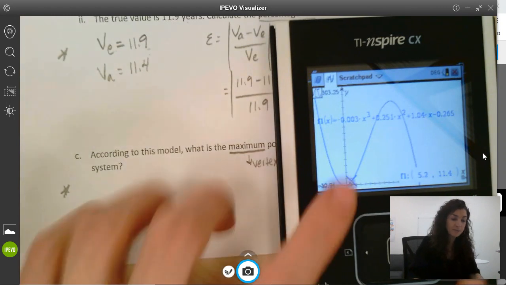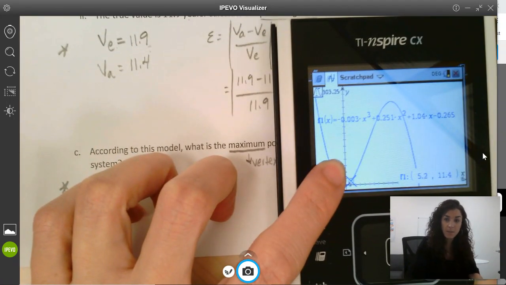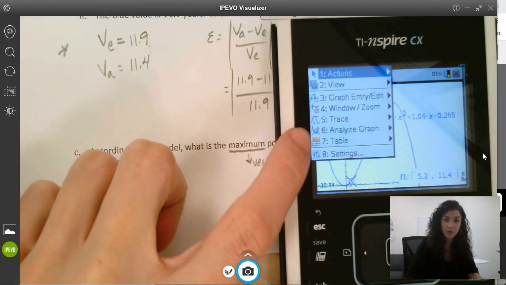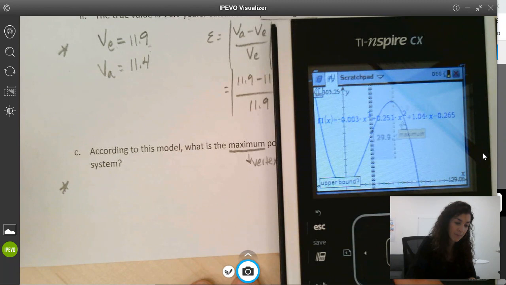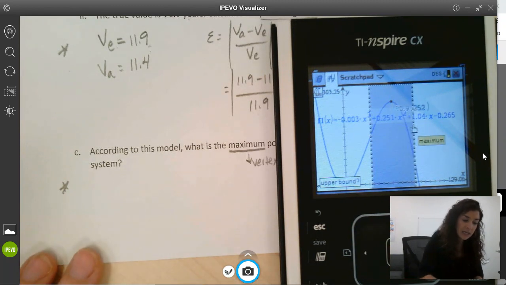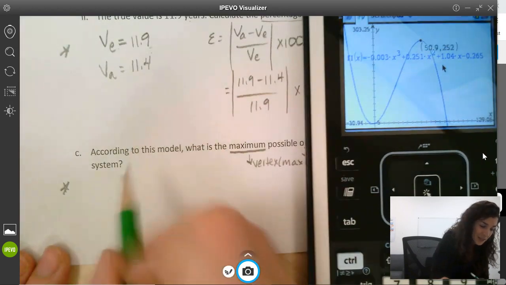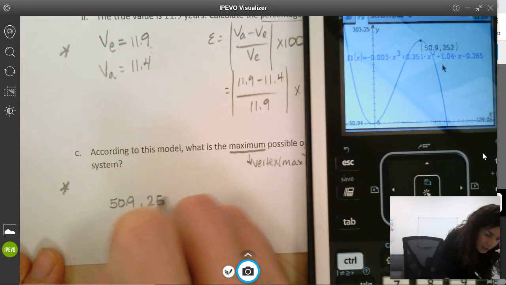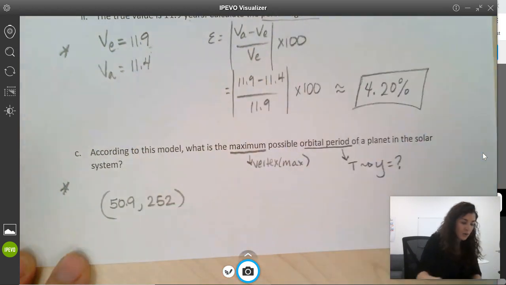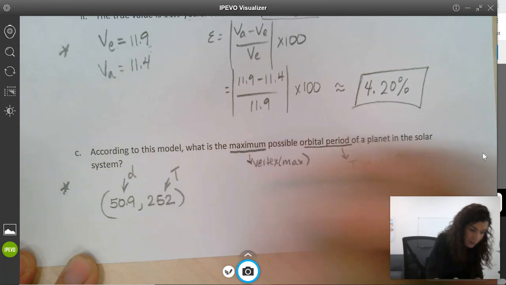So when we go in, menu, 6 for analyze graph, 3 for maximum, we go in and find that maximum. We get an answer of 50.9252. Now, this is our distance away from the sun, and this is our orbital period.